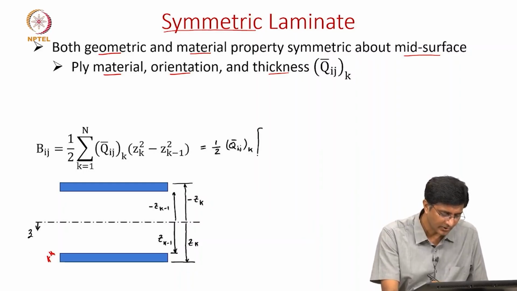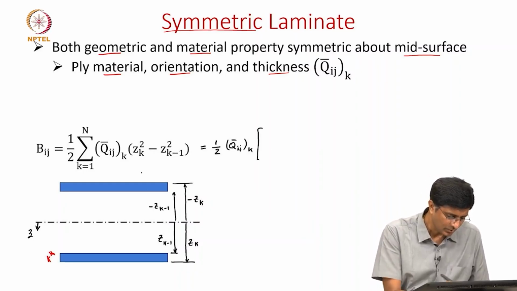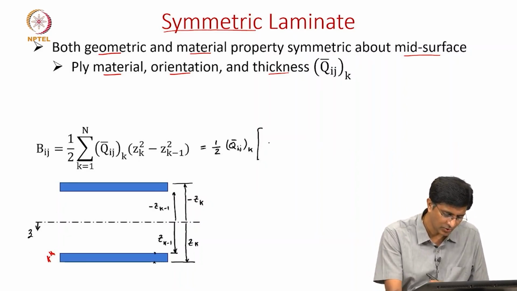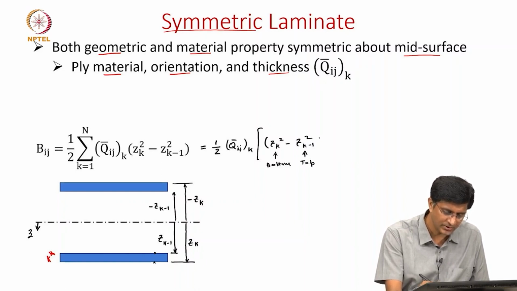Times, let's start with the kth layer. So whenever we say Zk, we are referring to the bottom of this layer and then the top of this layer. So bottom of the layer is Zk square minus Zk minus 1 square. So this is for the bottom and top of the layer. So this is for the kth layer.